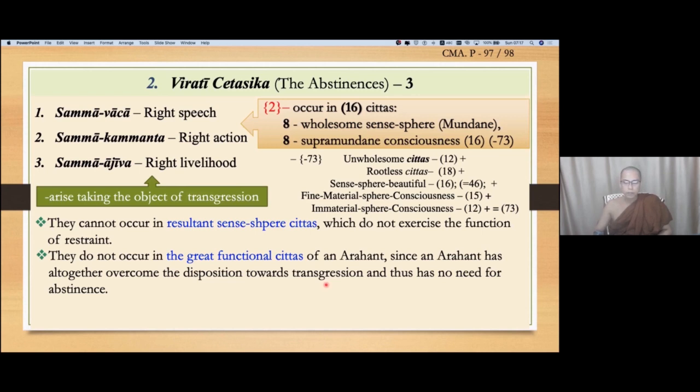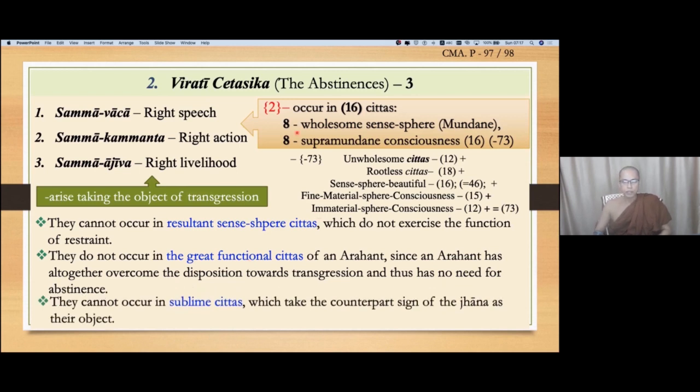That is why no reason to abstain. So the Arahat does not need to intentionally abstain, because abstaining from wrongdoing is already in their nature. That is why they don't need to deliberately abstain. So the abstinence mental factors cannot arise with the great functional consciousness. 2.